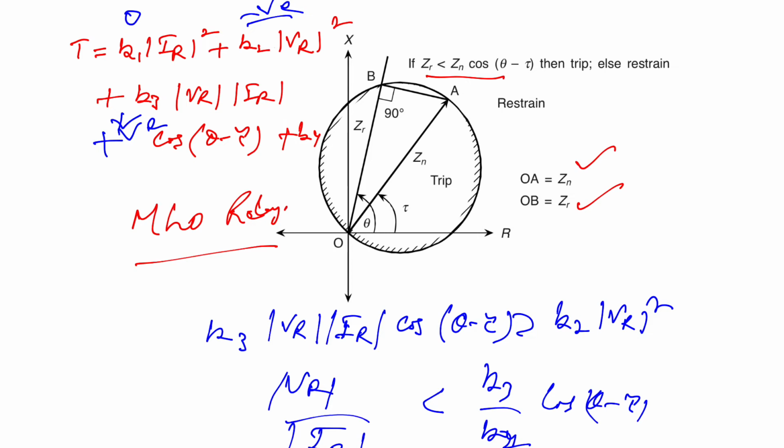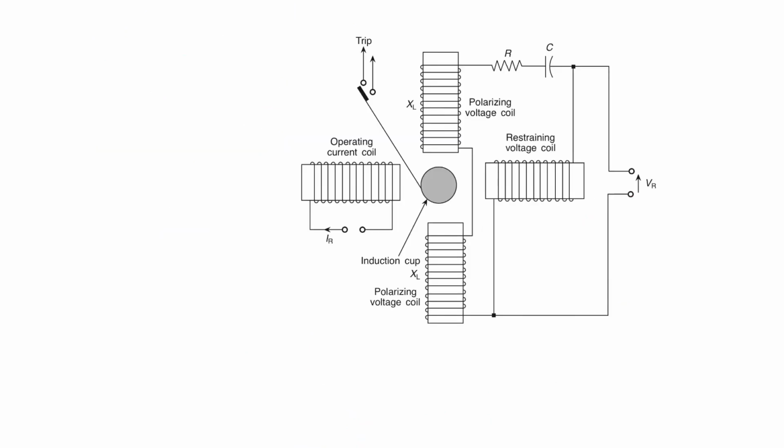Now, the implementation using the induction cup structure. This is how we implement it, and it shows the 4-pole induction cup structure.